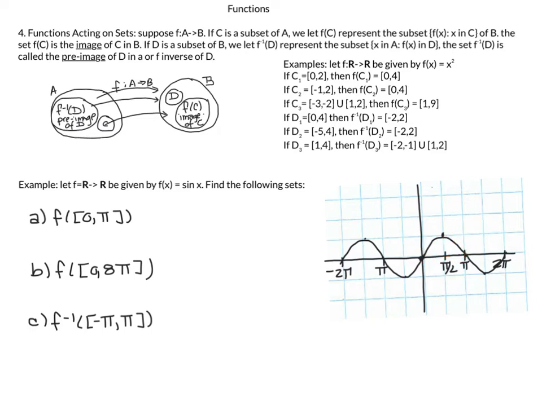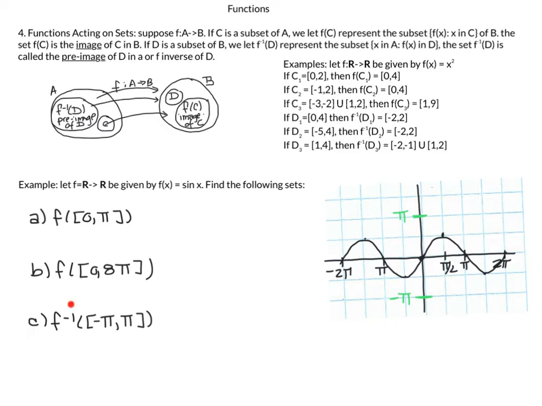Well, here f of 0 to pi goes from 0 to 1. Next, I want my image of 0 to 8 pi. So as you know, here we go to 2 pi, 3 pi, it just cycles through. So essentially, you're going through all the values that sine will take, which is -1 to +1.